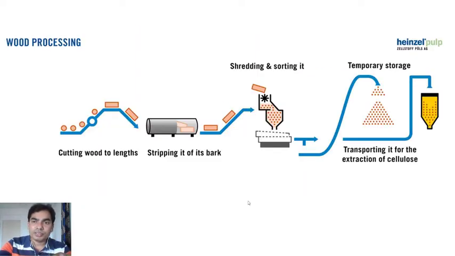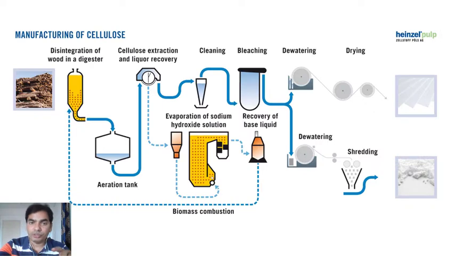So what are the basic steps in the flow diagram? You have to take the wood material, then strip it by some machine, then shred and sort it into small pieces, store it on a large scale, and then go to the processing unit. In the processing unit, you have the disintegration of the wood in the digester by treating with different chemicals, right?